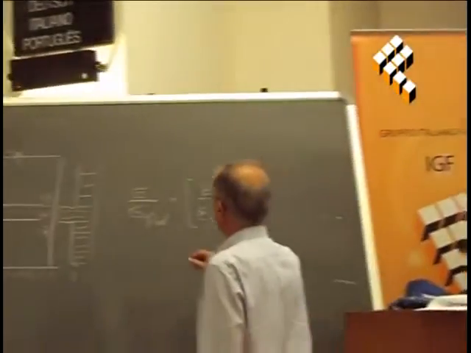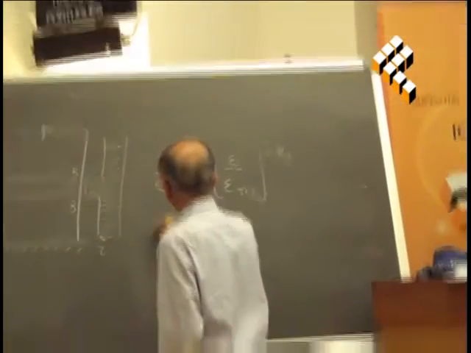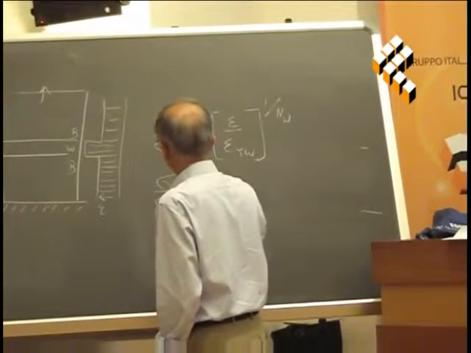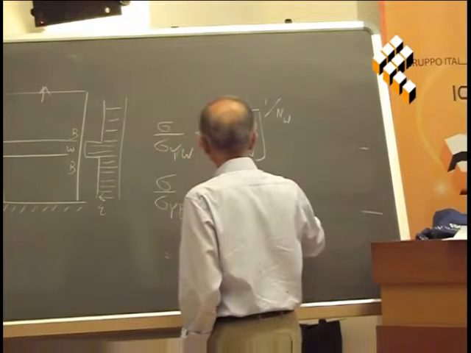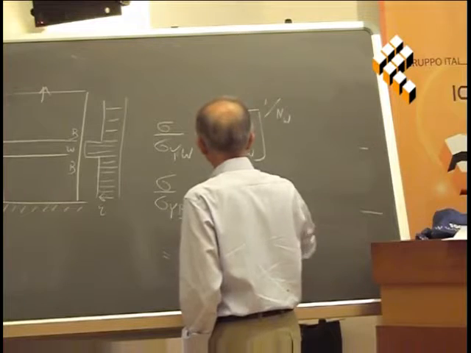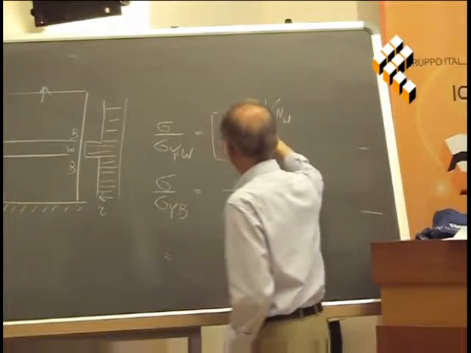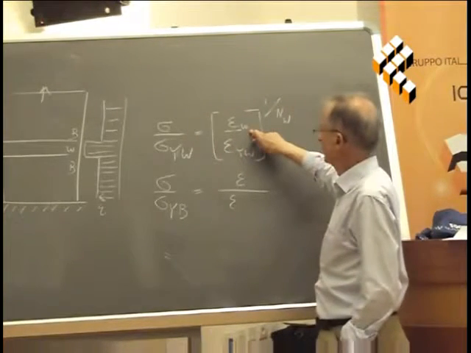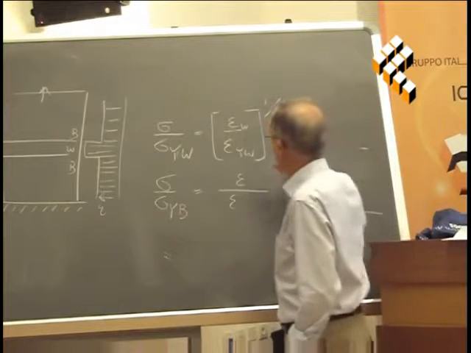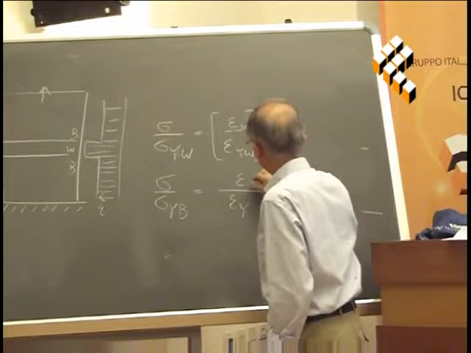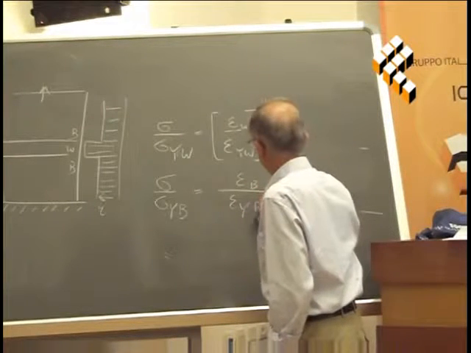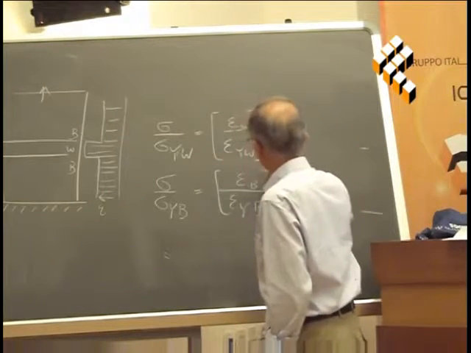And then we have also for the stress strain curve for the base plate, sigma Y B is given by epsilon. Please add the subscript W here, add the subscript W. The same for the base plate, so just different subscripts.